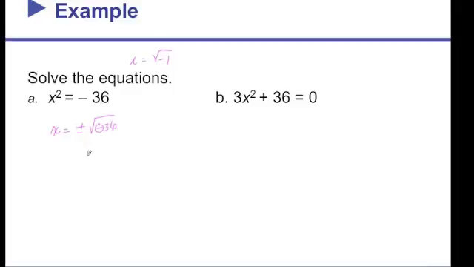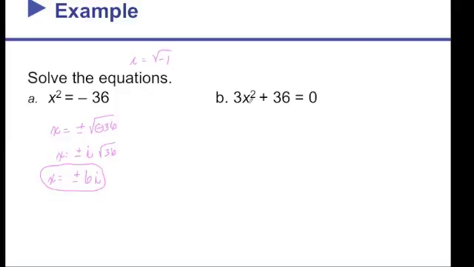So what I do is just bring an i out. That's the square root of negative 1. I still keep the plus or minus. So now I've got i times the square root of 36. Well, you know the square root of 36 is 6, so we have 6i. We keep the plus or minus. So my solution to this equation is x equals plus or minus 6i.